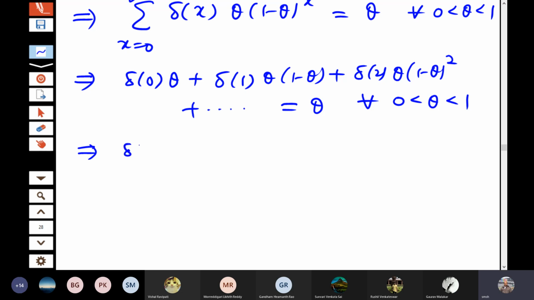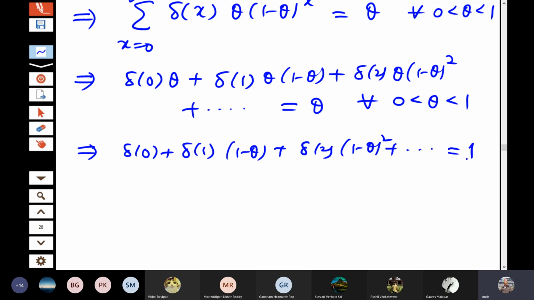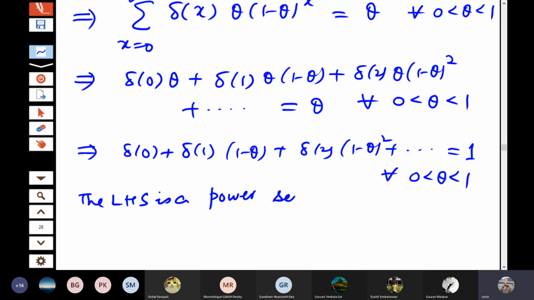So what I will get, delta(0) plus delta(1) into 1 minus theta plus delta(2) into 1 minus theta square and so on, that is equal to 1 for all theta. The left hand side is a power series in powers of 1 minus theta. Okay.